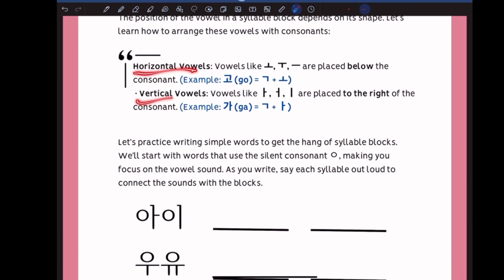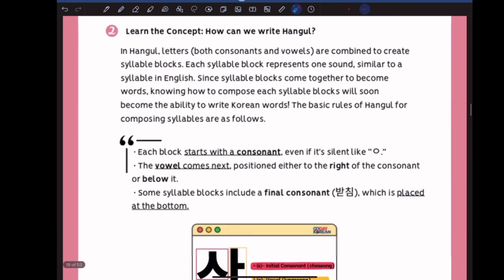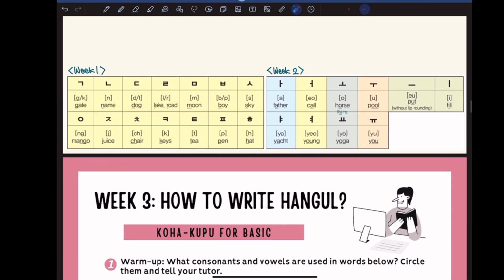For the horizontal vowels and the vertical vowels, if you take a closer look up over here, these vowels are all created by the vertical line. These vertical vowels are always positioned in the right corner, right next to the consonants.